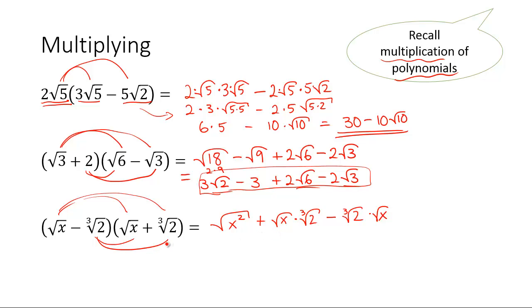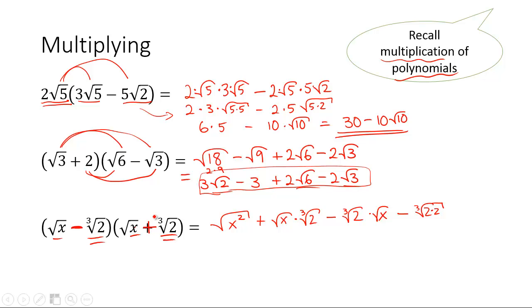Okay, we'll look at that in a sec. And then the last one is minus cube root 2 times cube root 2. So it's all under a cube root there. So I've written it out completely, but this should ring some bells. The fact that you have two brackets with the same first and the same last term, but with a minus and a plus.